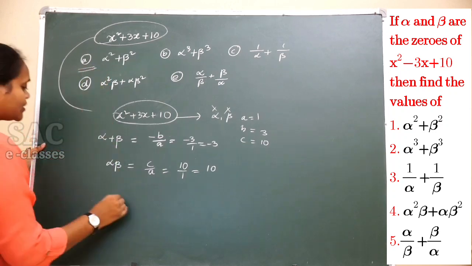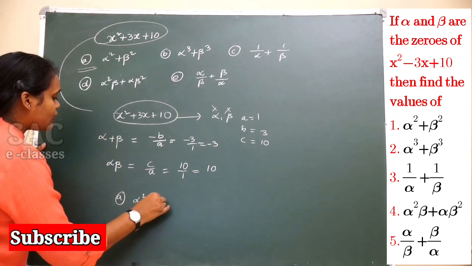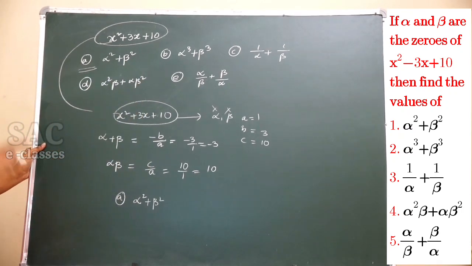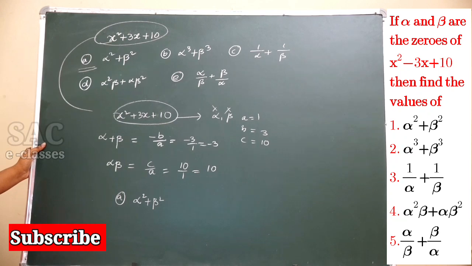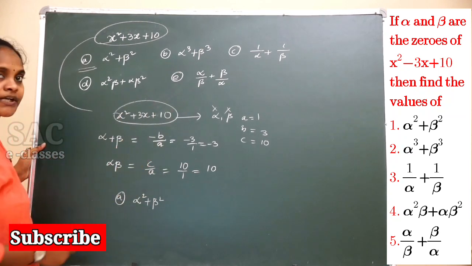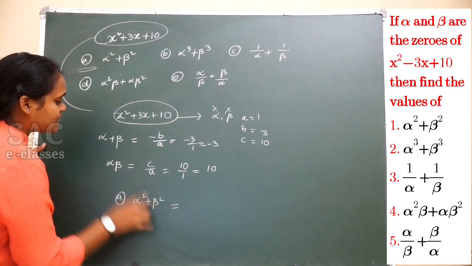Observe the first one, what you require. What I am saying is, to find these kinds of values, you need not find the alpha and beta values individually. Their sum and product are enough. I have mentioned the formula for alpha square plus beta square.